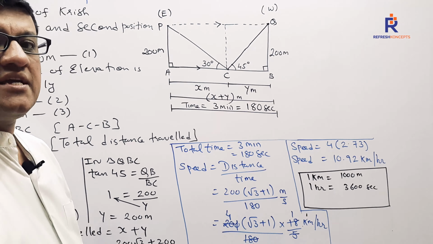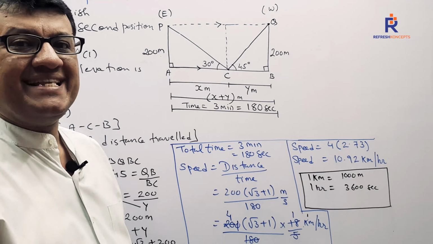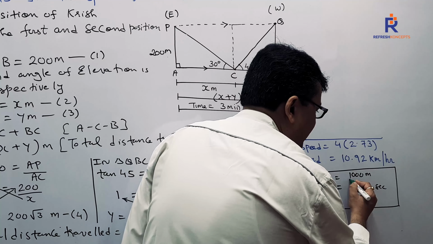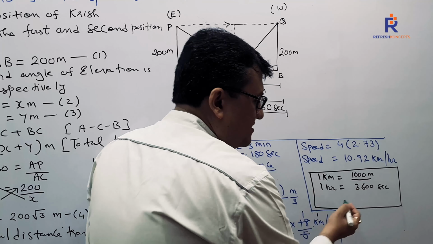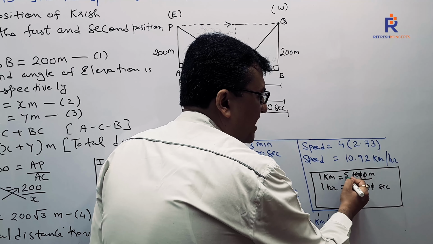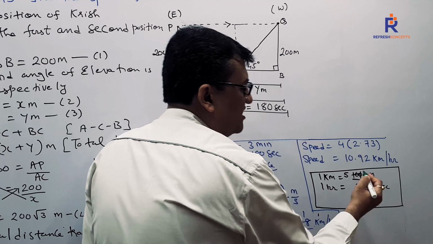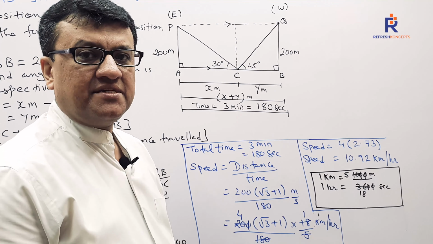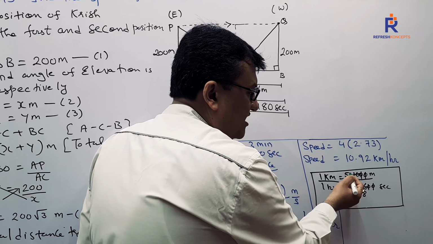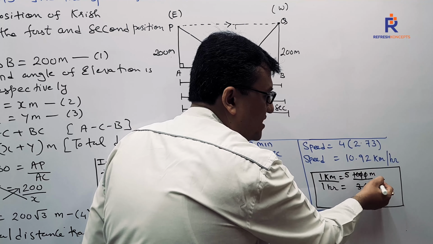So 1000 meters and 3600 seconds. When I divide this, 2 5s are 10, 2 18s are 36. So what answer did I get? I got 1 kilometer per hour is nothing but 5 by 18 meters per second.